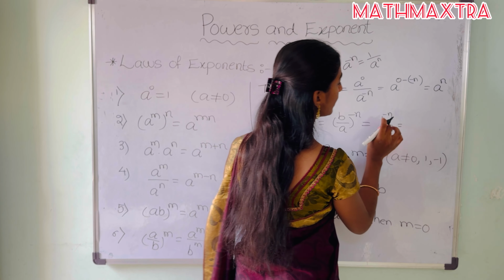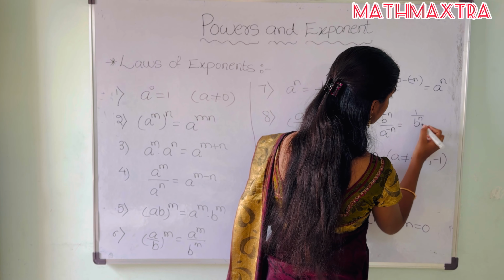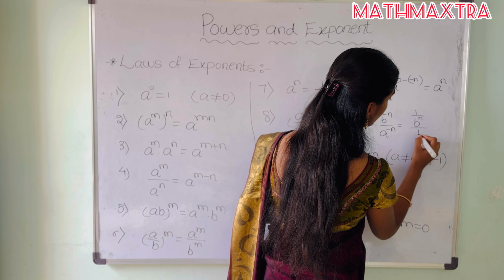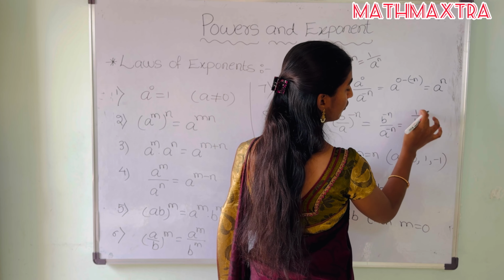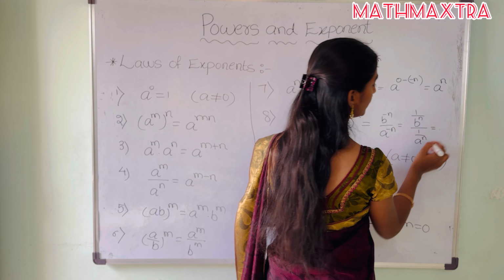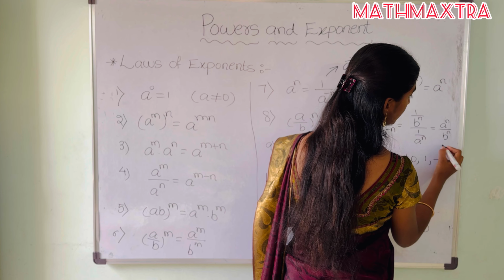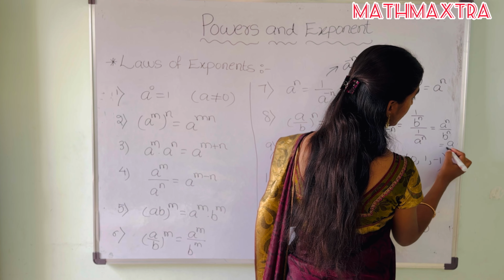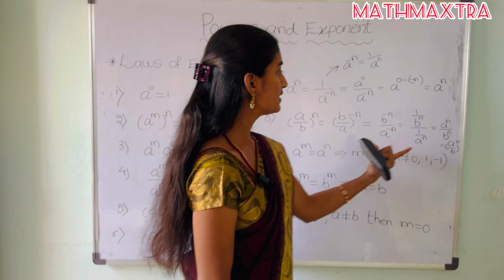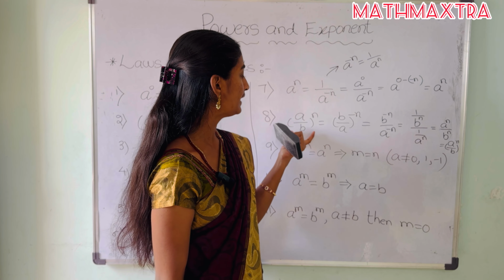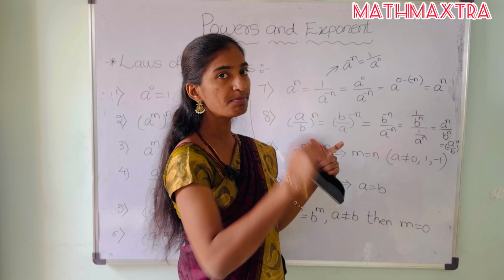So similarly you can write b power minus n like 1 by b power n, and here also 1 by a power n, isn't it? So, fraction by fraction, it goes to numerator a power n by b power n, isn't it? And this can also be written as (a by b) whole power n. So, this is how (a by b) whole power n is always equal to (b by a) whole power minus n.